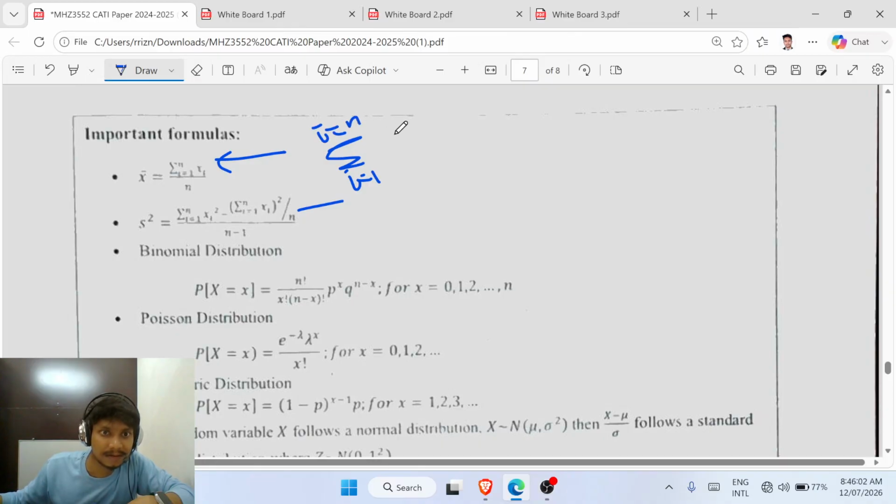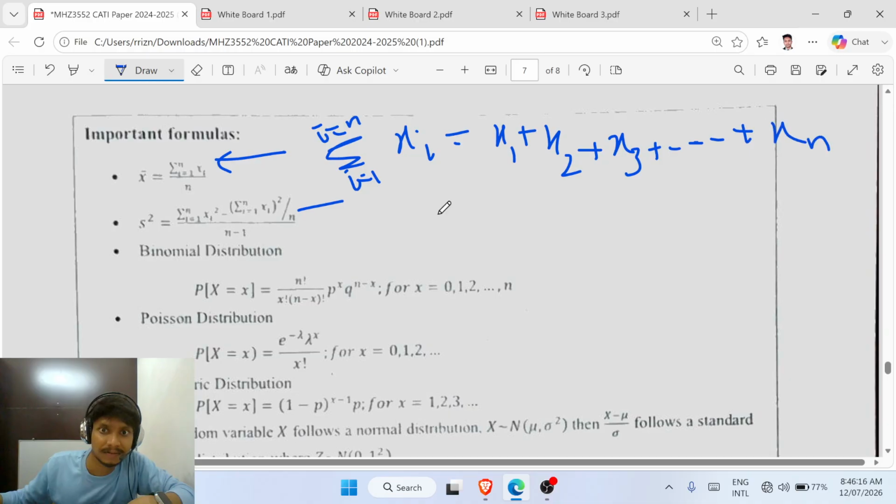Sigma xi is x1 plus x2 plus x3 till xn, because it is 1 to n, therefore we have to sum everything from 1 to n. What is sigma i is equal to 1 to n of xi square?